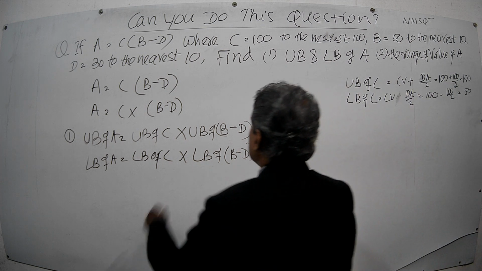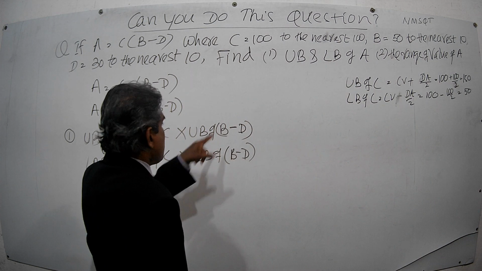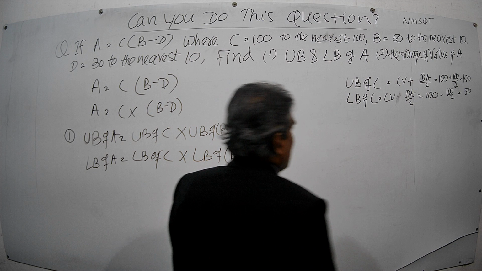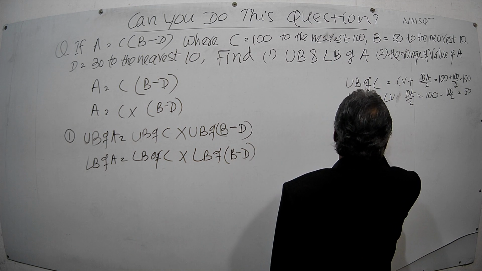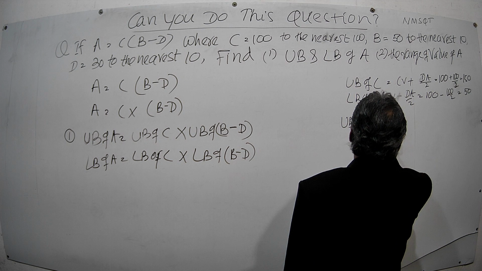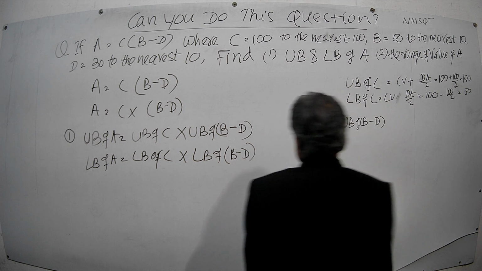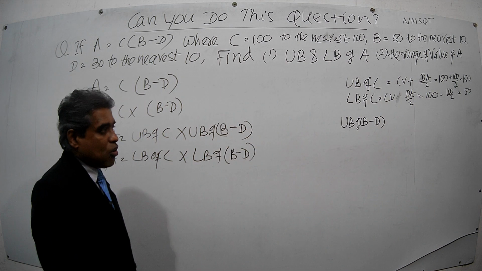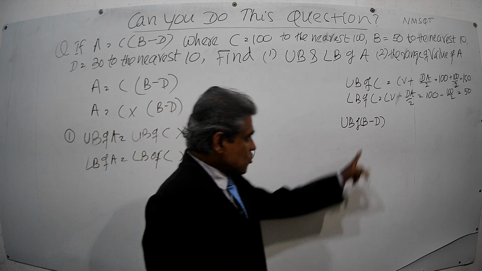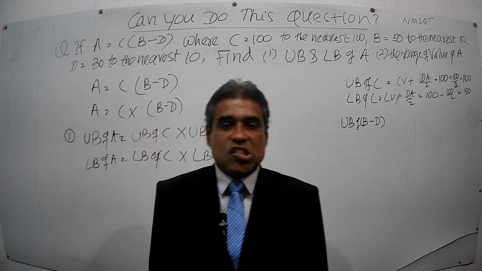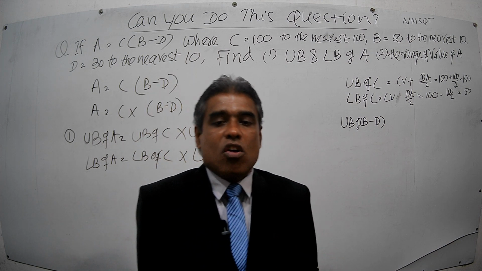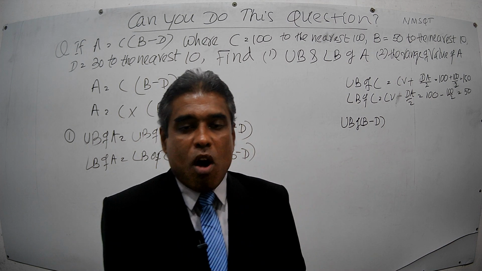Now we have to find the upper bound and lower bound of B minus D. Write upper bound of B minus D. Now we have learned the upper bound of a difference. How do you find it? The upper bound of a difference is the upper bound of the larger value minus the lower bound of the smaller value.